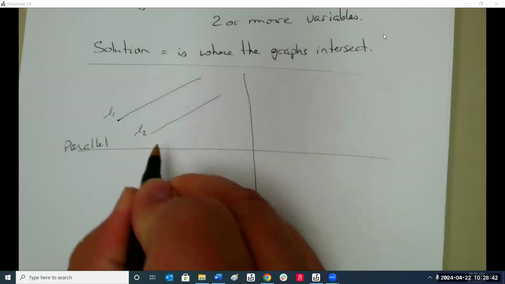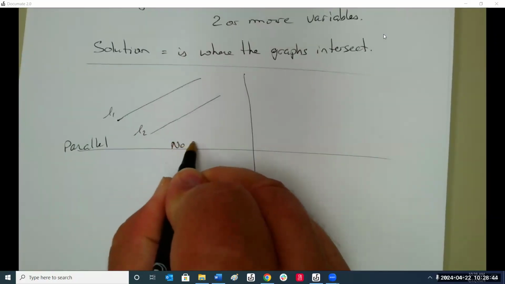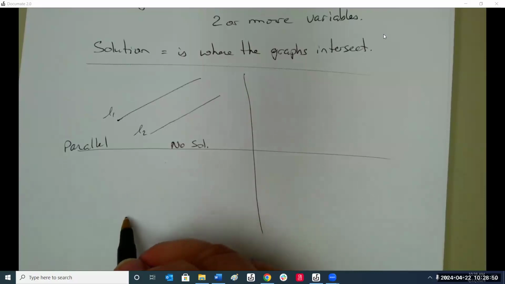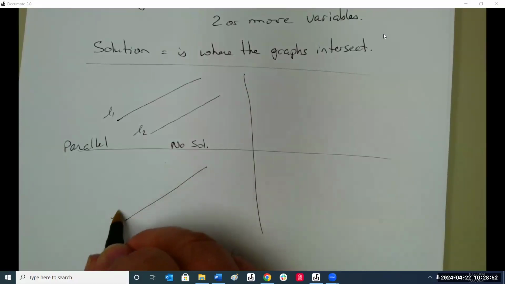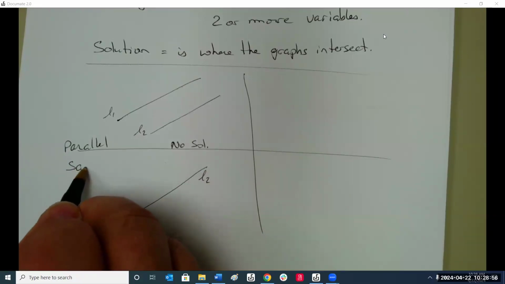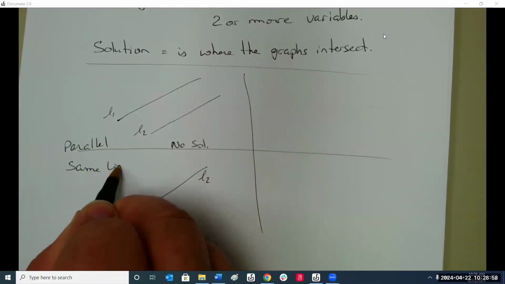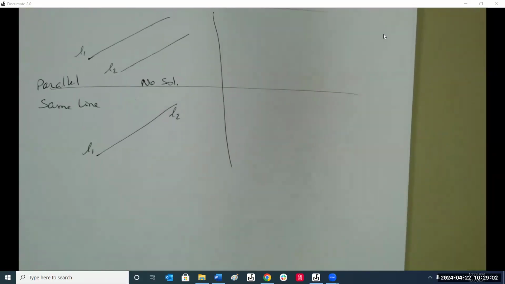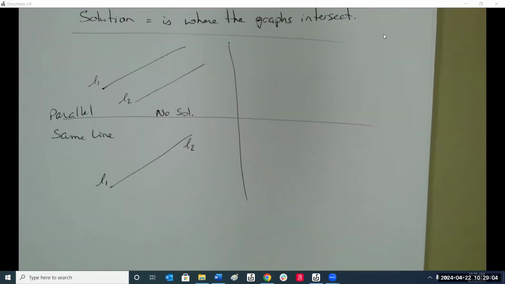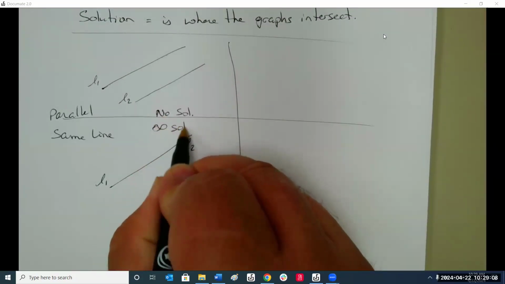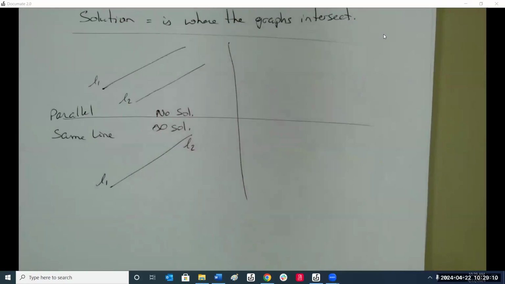If they're parallel, they have no solutions because they don't cross. They could be the same line, which means they have infinite solutions. Every point is a solution.